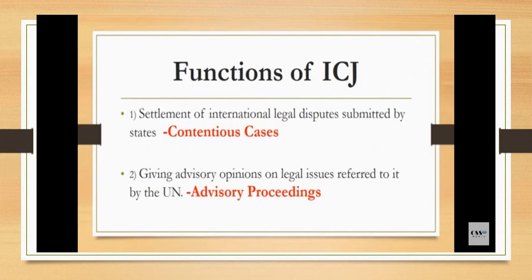So it can give some kind of advice or opinion about the matter. Like if the dispute between Pakistan and India is at a high risk of war, then the International Court of Justice has the right to advise that both states must do table talks and resolve this matter without any kind of war.